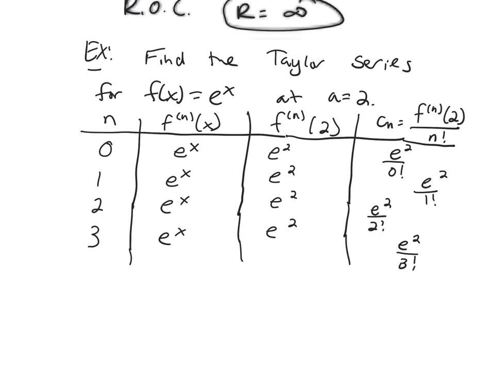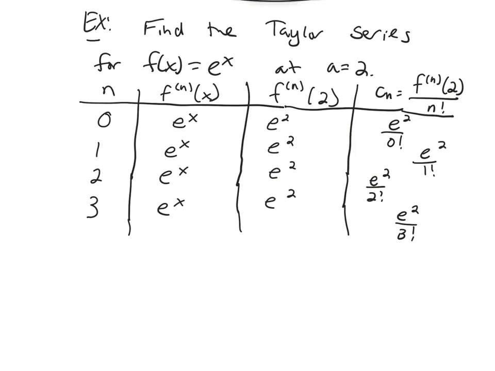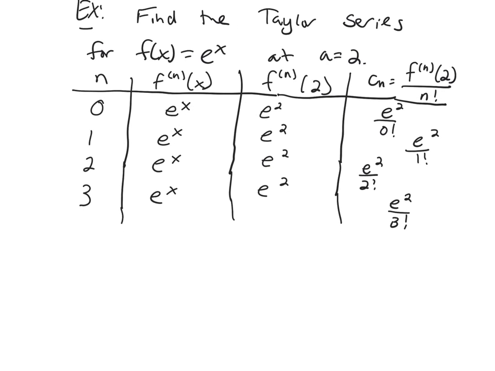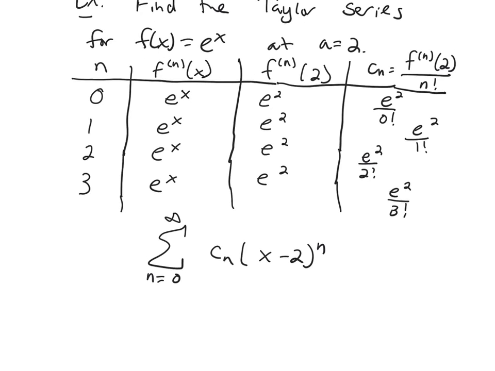So I'm going to start by writing out the terms and then we're going to come up with a formula. Okay, so this is centered at 2 now. The formula for your series is going to be Cn times x minus 2 to the n, because it's centered at 2 now, so it won't be x to the n anymore.